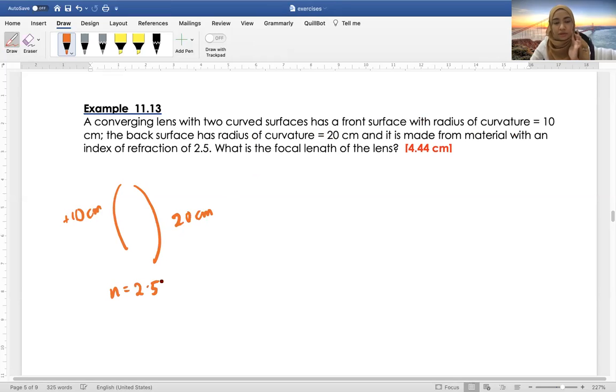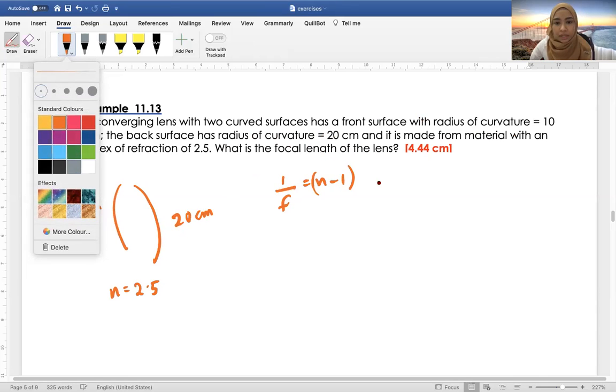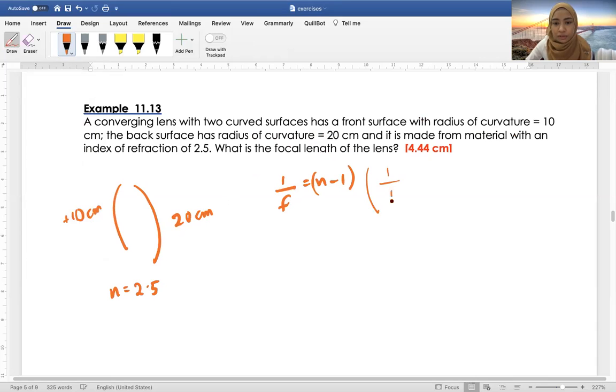Okay, so that's the index of refraction. What is the focal length of the lens? So using your Lens-Maker's equation, it's 1 over f equals n minus 1 times 1 over r1 plus 1 over r2.